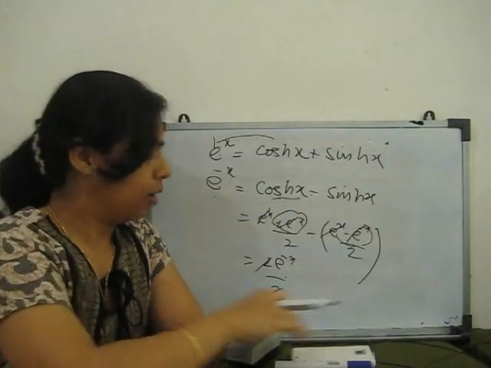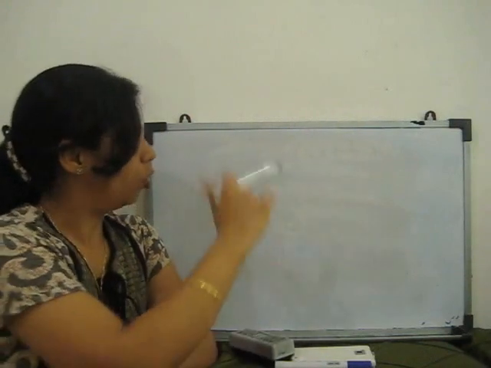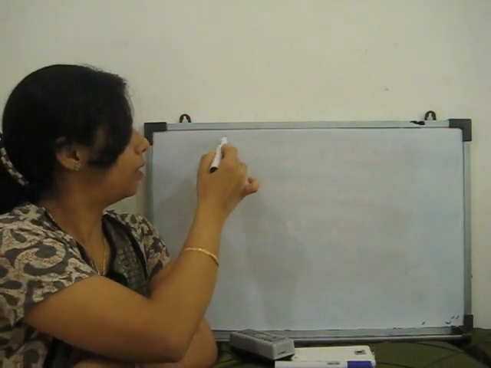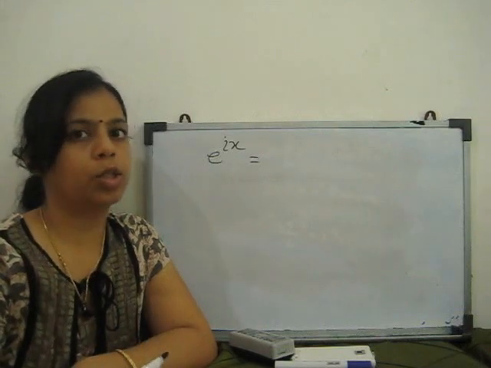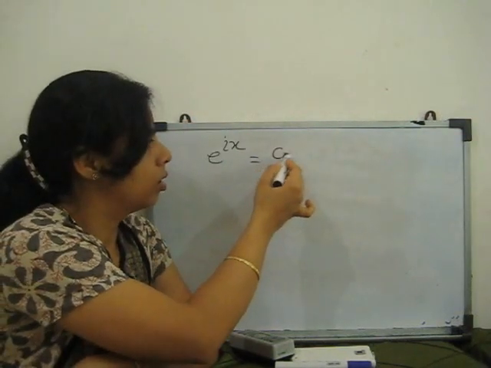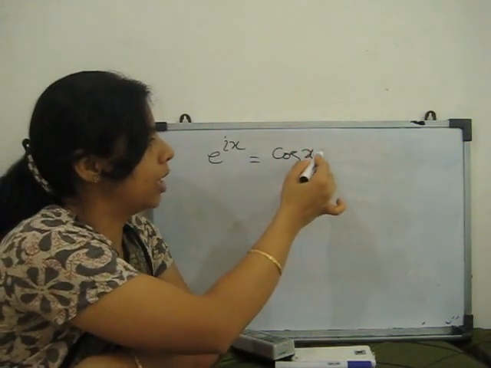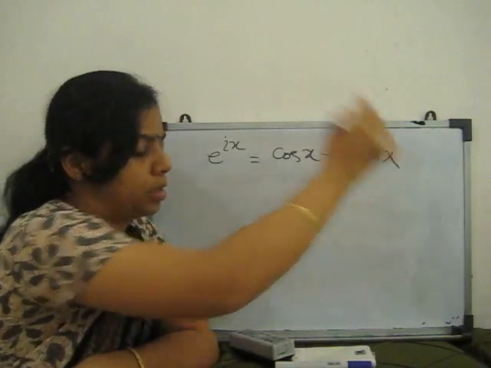Some more results with complex numbers. You all know e to the power iota theta, or we can talk about e to the power iota x. In de Moivre's theorem you also learn e to the power iota x is cos x plus iota sin x. Clear?